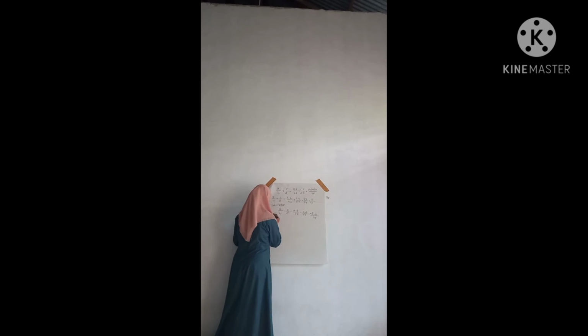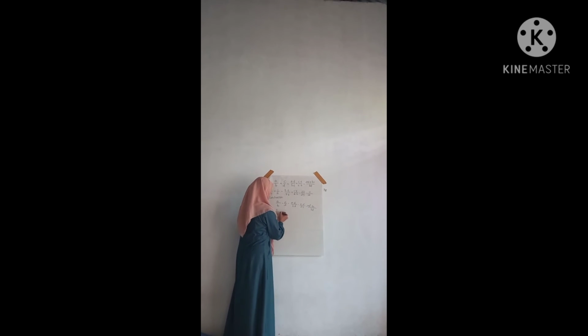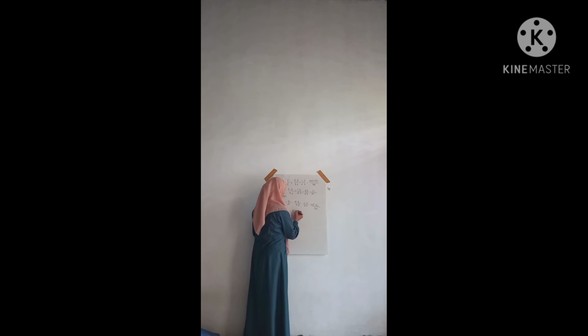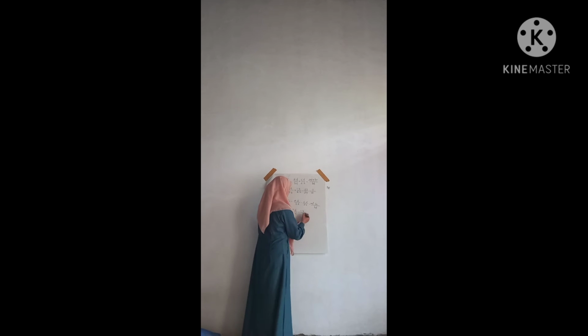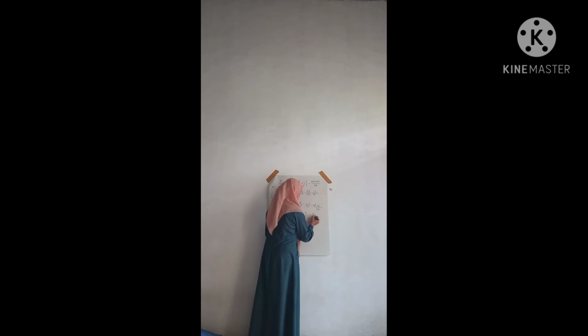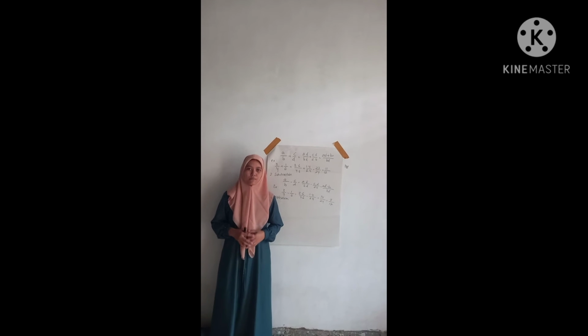For the example, 3 over 4 minus 1 over 6 equals 3 times 6 over 4 times 6 minus 1 times 4 over 6 times 4, equals 14 over 24, equals 7 over 12.